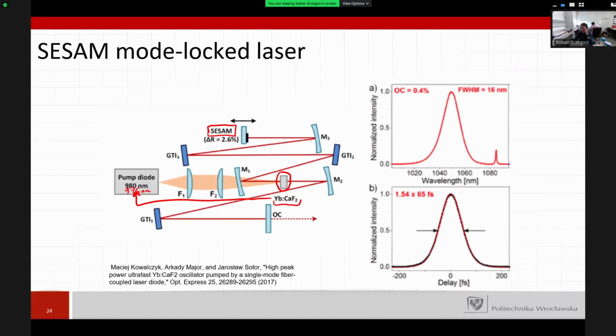And this SESAM here acts as this very fast modulator that provides the output pulses. So here you can see the pulse shape, and the pulse duration in this case was 65 femtoseconds. So generally, it's worth to say that these mode locked lasers can generate really short pulses. And the top image shows the optical spectrum.